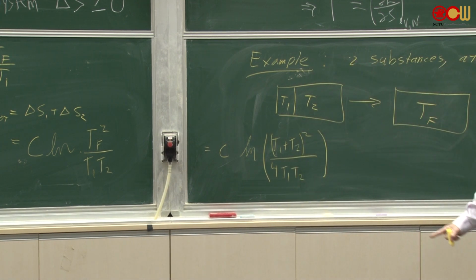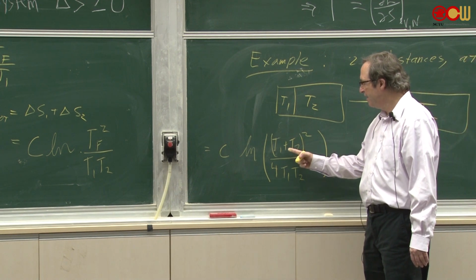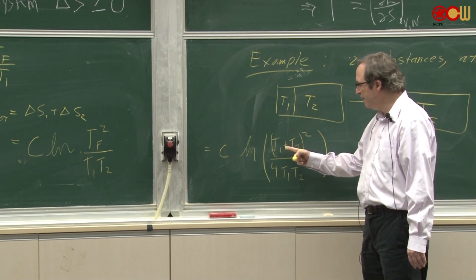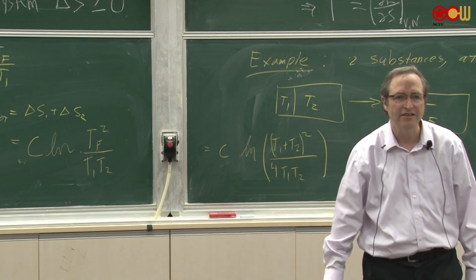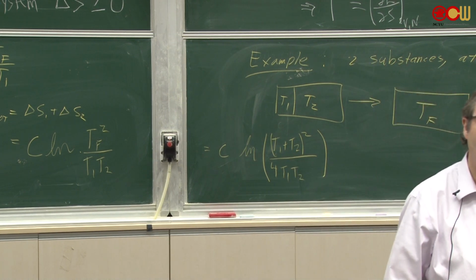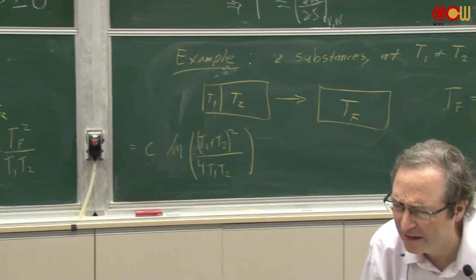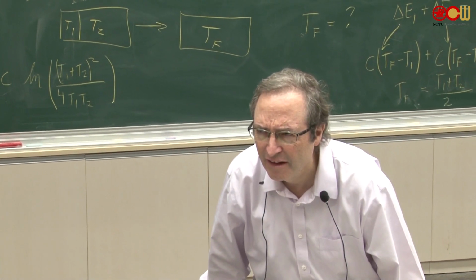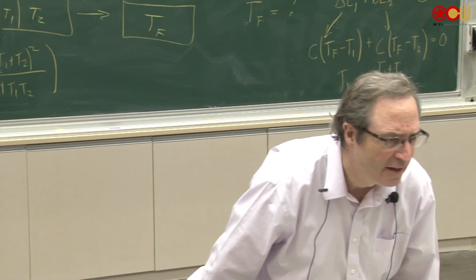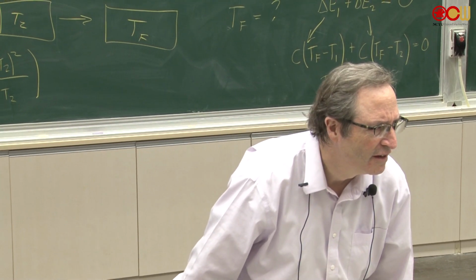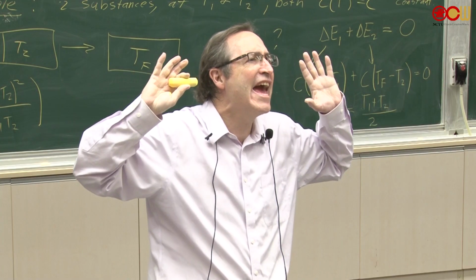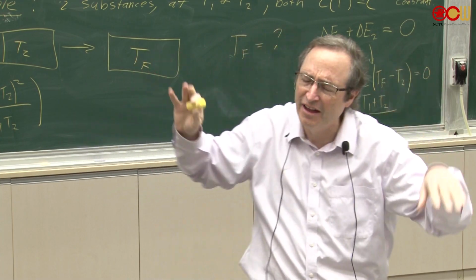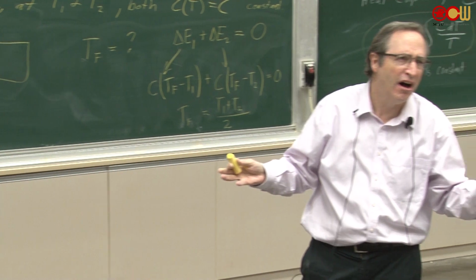Now, I want to test this quantity to see whether the entropy change is greater than or less than 0. What do you think it should be? Greater. Right, that's the second law.